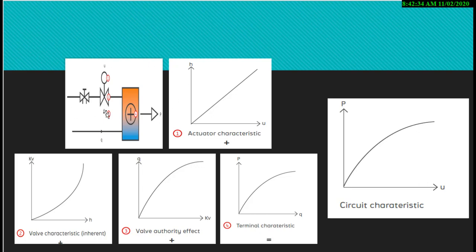Here we have the actuator characteristic, which is mostly linear. Here we have the inherent valve characteristic, which is a parabolic formula, the valve authority effect here, and the terminal characteristic. All together they give the circuit compound characteristic.